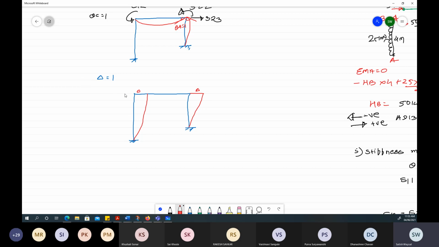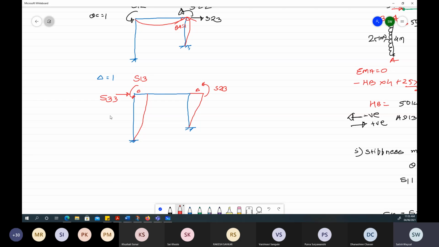Now, to apply this force, whatever force we apply is S33. Its effect on this moment is S13, and its effect on this moment is S23, which we already calculated, and the rest of the things are already known to us.